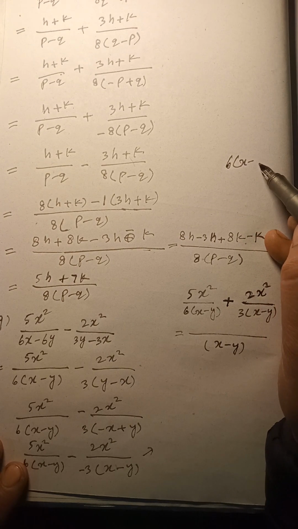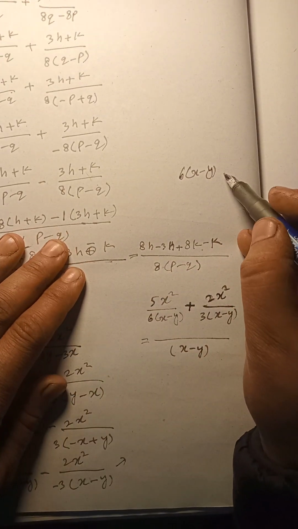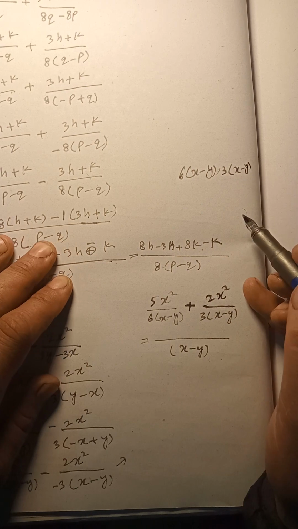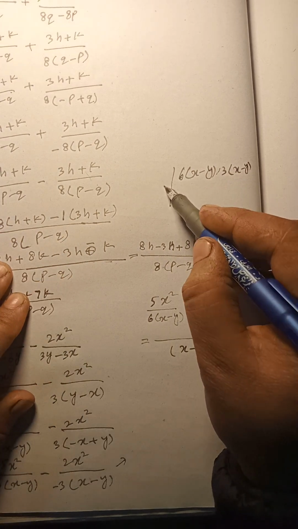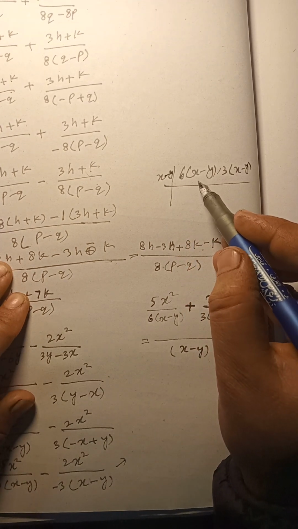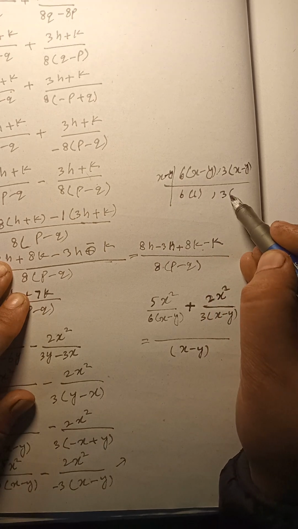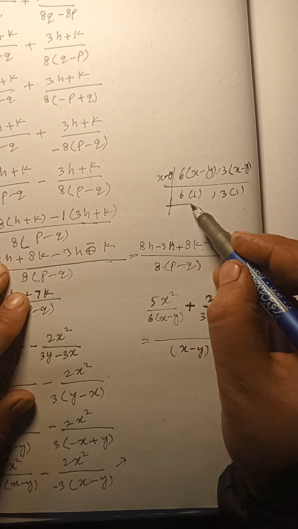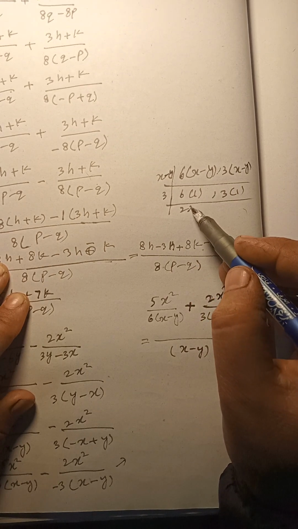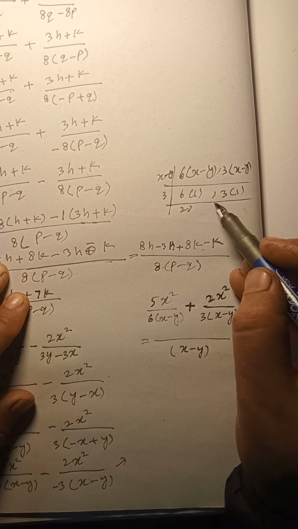6 into x minus y, this term, and then 3 into x minus y, other term. You can take its LCM. If x minus y is taken as common, 6 will be here will be 1, and 3 will be here will be 1. Now you can take 3 as common, so 3 2s are 6, 2 as common, and 3 1s are 3, 1 here.